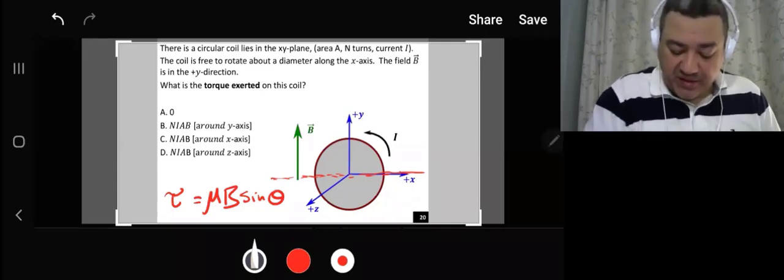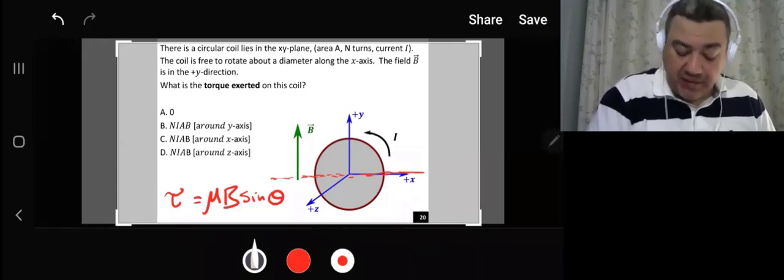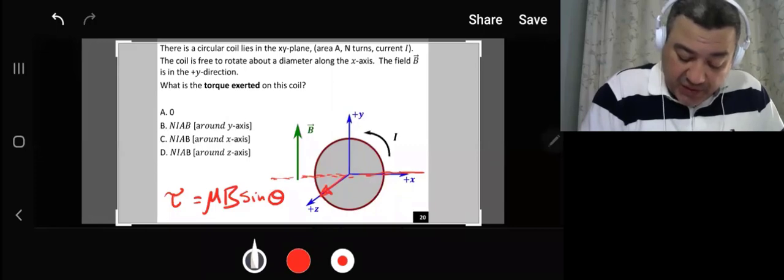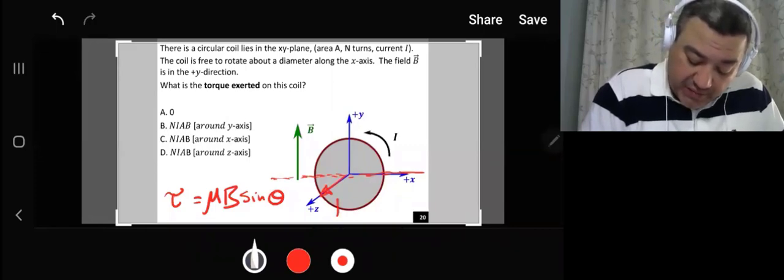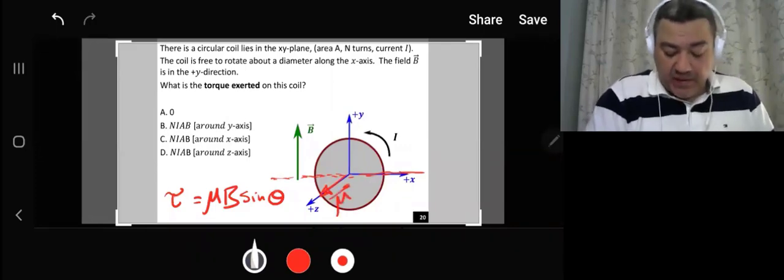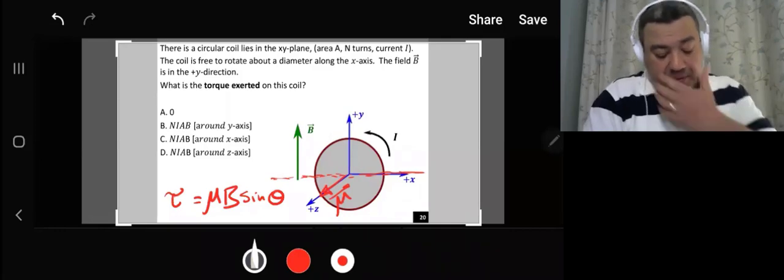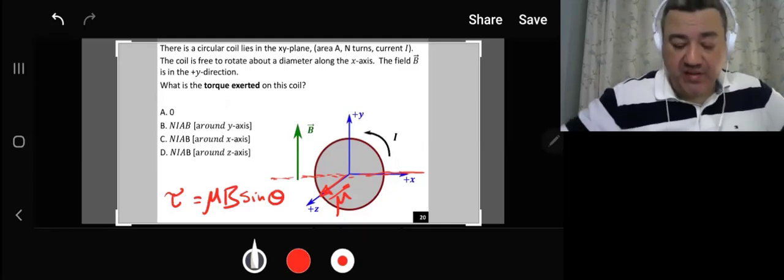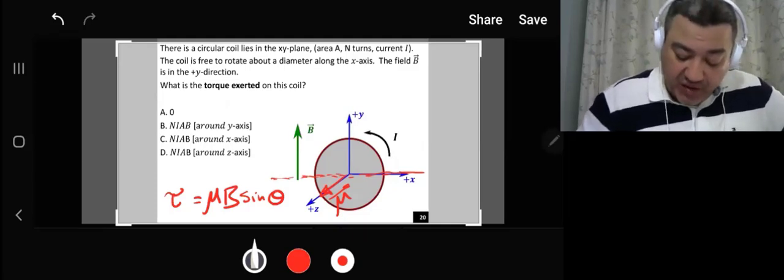In the case that we have right now, I have the magnetic dipole moment in the same direction of the z as we said here. So the angle between the magnetic dipole moment and the magnetic field is 90 degrees.